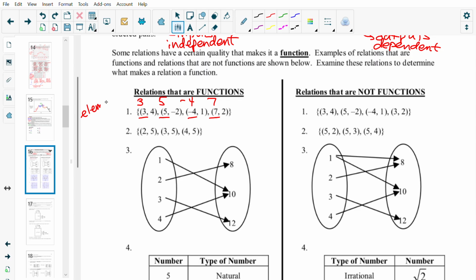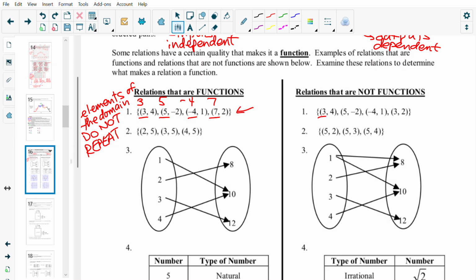Elements of the domain, so that's in an ordered pair, the first number, do not repeat. And that is clear from this example. What about on the right side?